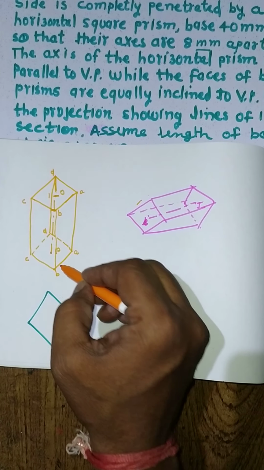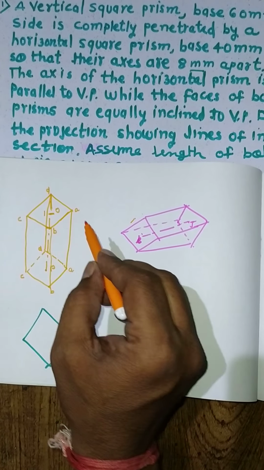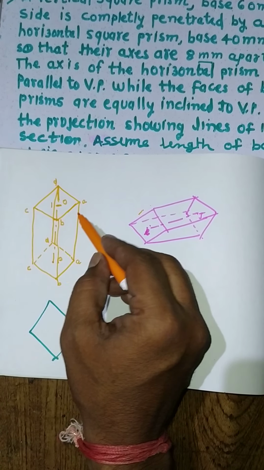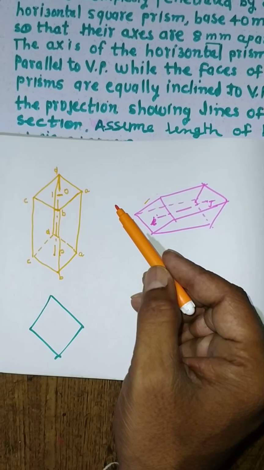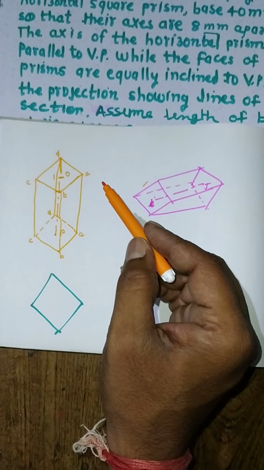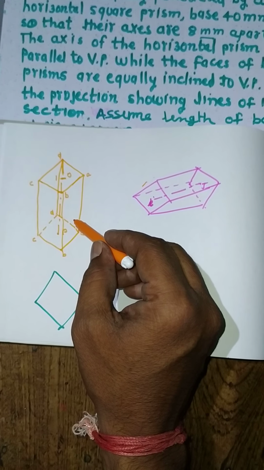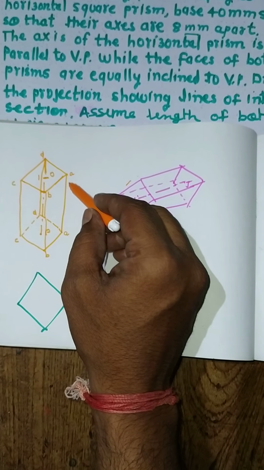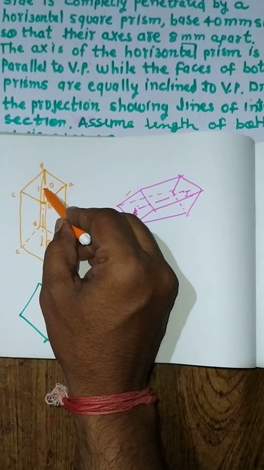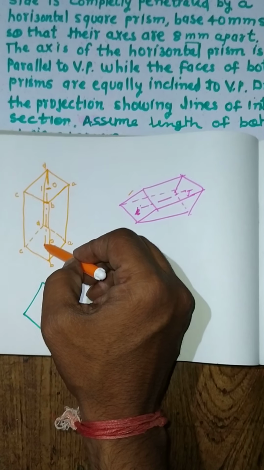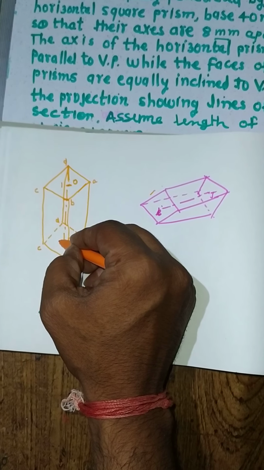AB, BC, CD, and AD. These are the four rectangular faces. These rectangular faces are equally inclined to VP. This is the vertical square prism. So I have named the vertical edges A, B, C, and D. Here is the axis, top face center and bottom face center. I have named them O and P.